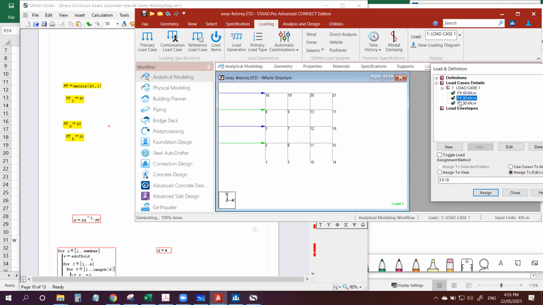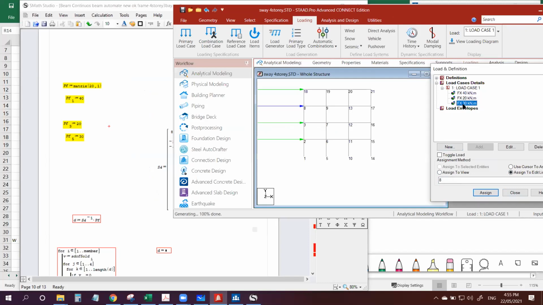What happened? 40 is correct. 20 is, no, 3. 30.